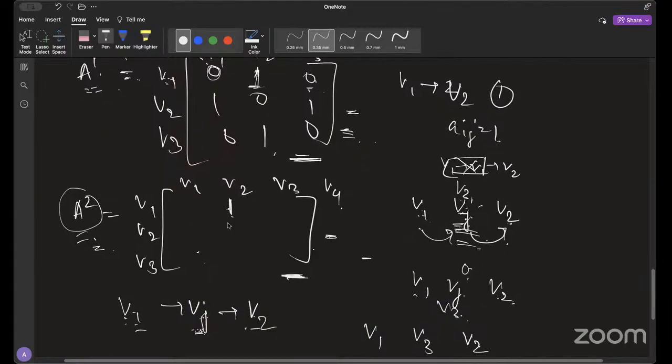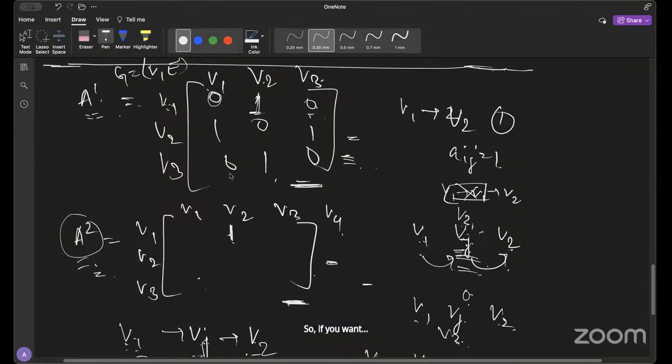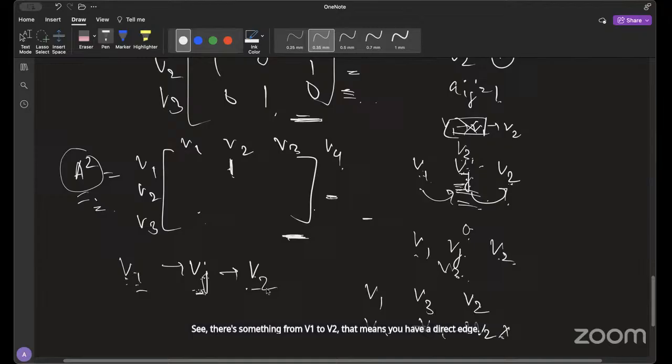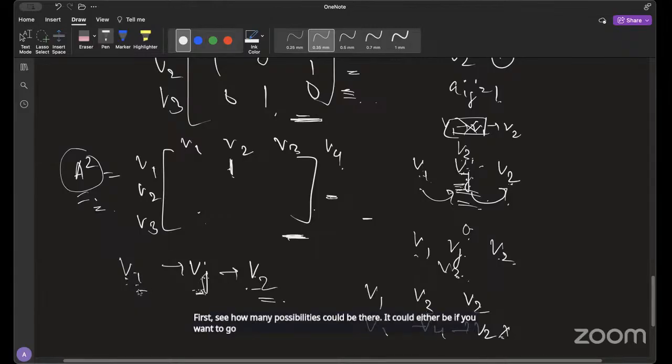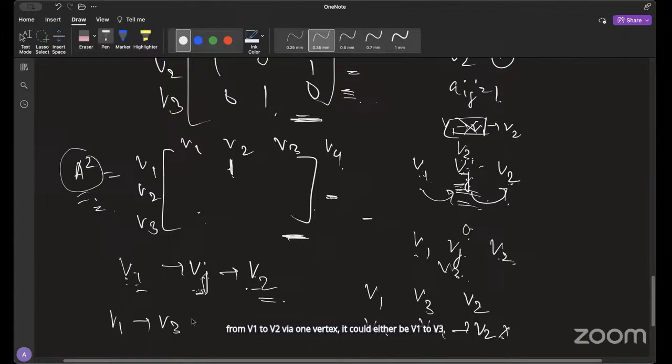So if you want to see if there's something from V1 to V2, that means you have a direct edge. First, see how many possibilities there could be. If you want to go from V1 to V2 via one vertex, it could be V1 to V3 and then V2.